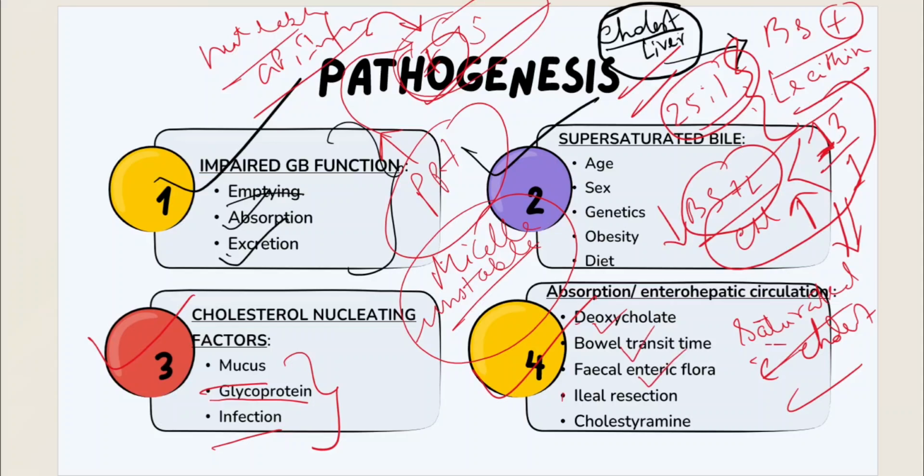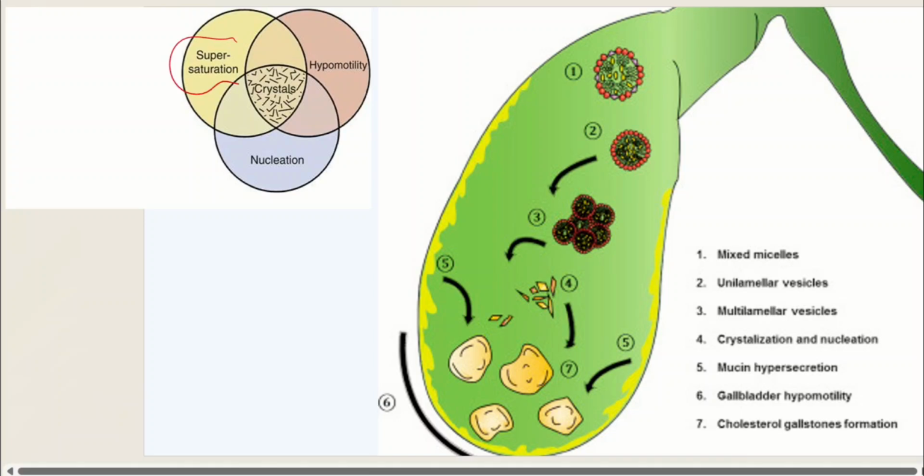Fecal enteric flora, ileal resection, cholestyramine are important factors for maintaining enterohepatic circulation. So the three important factors of crystal formation are supersaturation, hypomotility of the gallbladder, and nucleation factors like glycoprotein, mucus, infection, etc. All these combine and lead to crystal formation, gallstone formation.